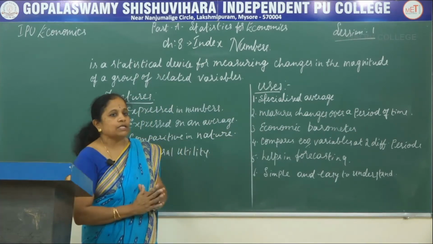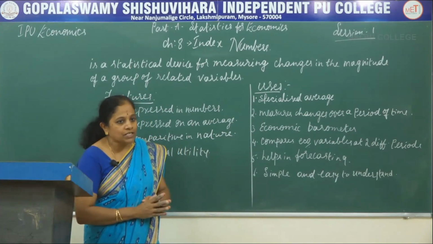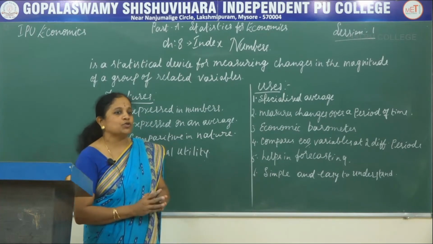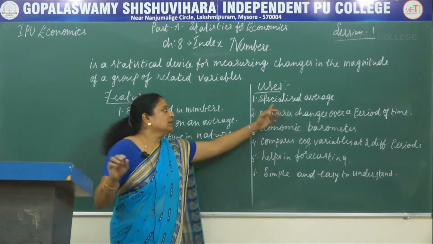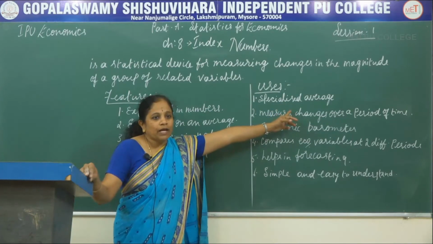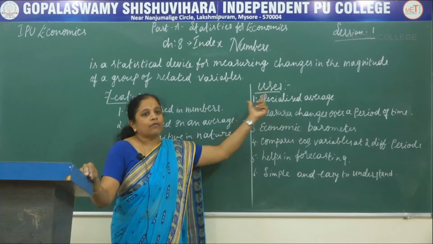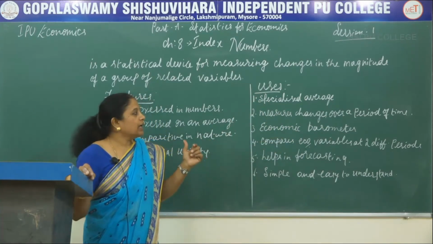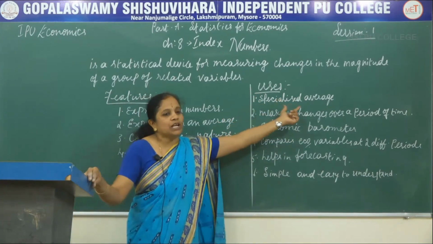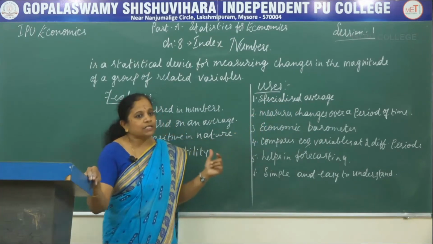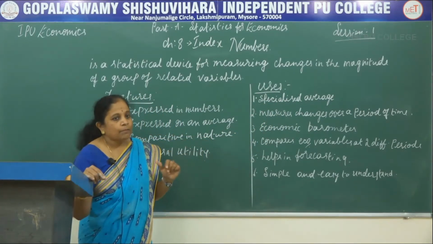These index numbers are specialized averages which are measured with respect to time, because the comparison is made with the past year's or base year's performance against the existing year's trends. Here we study them as a specialized average and we express the index number in terms of percentage.